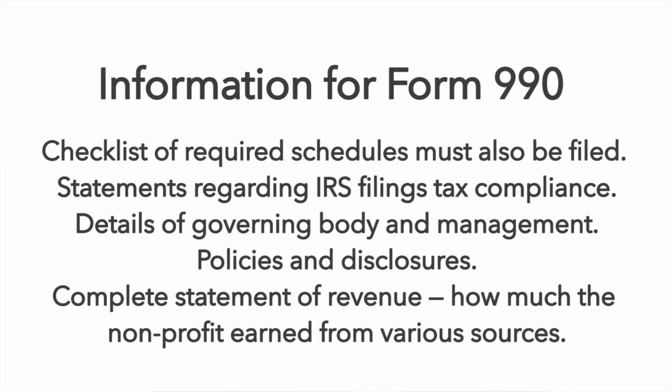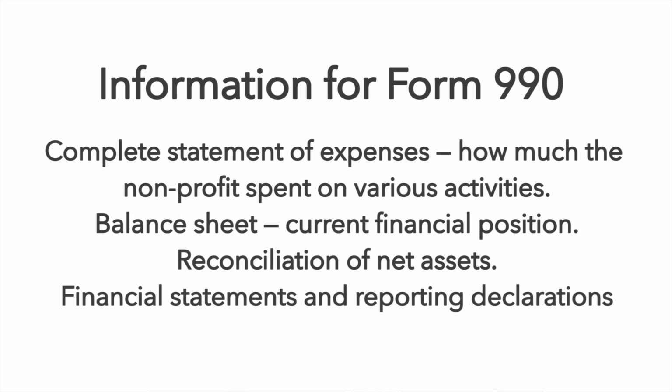As with the other information you need with the prior forms, we also can add a checklist of all required schedules that must be filed, statements regarding other IRS filings and tax compliance, details of the governing body and management, policies and disclosures, a complete statement of revenue, how much a nonprofit earned from various sources, a complete statement of expenses, how much a nonprofit spent on various activities, a balance sheet, statement of a current financial position, a reconciliation of net assets, financial statements, and reporting declarations. So that's what's needed to maintain your 501c3 status with the federal government.